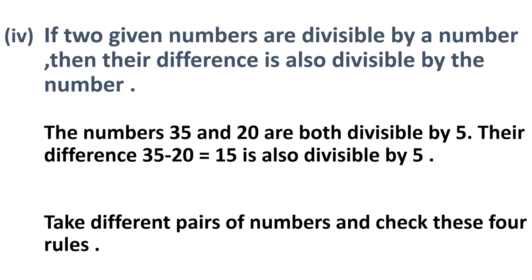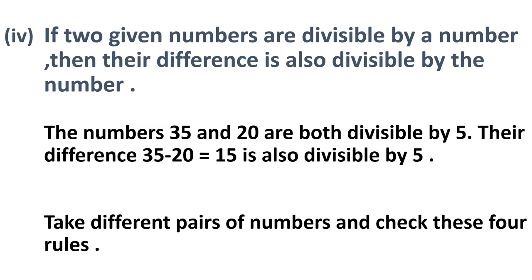Let me repeat all the four rules once again. First, if a number is divisible by another number, then it is divisible by each of the factors of that number. Second rule is, if a number is divisible by two co-prime numbers, then it is divisible by their product also.